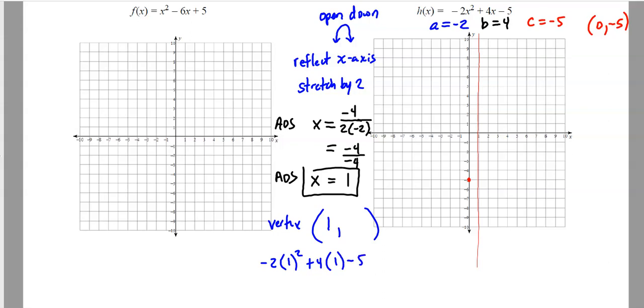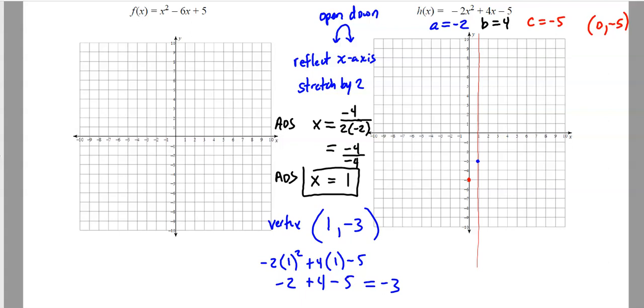So I got to do the 1 squared is 1 times the -2. So that's -2 added to 4, take away 5. So that's -3 is what that all shakes out to be. So there's my vertex at 1, -3, right there. So I have my vertex.